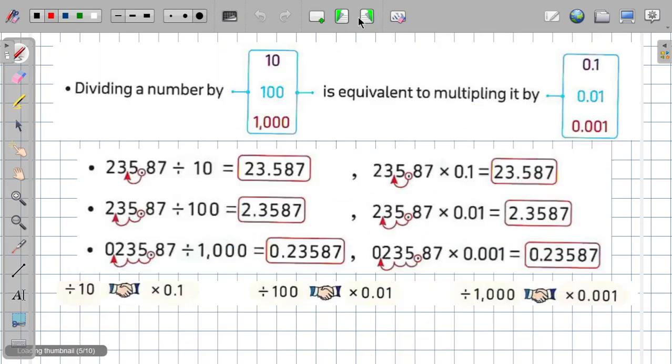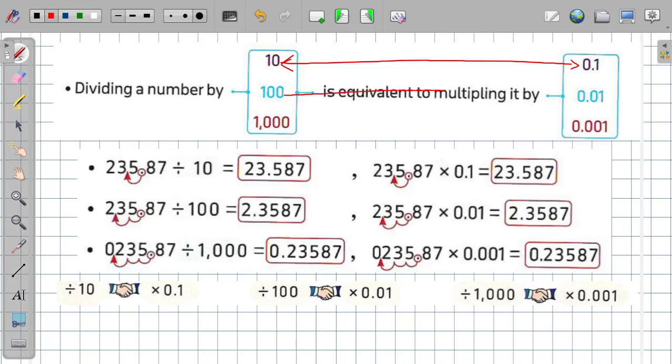Okay, and dividing a number by 10, 100, 1000 is equivalent to multiplying the same number by 1/10, 1/100, 1/1000. So dividing by 10 is equivalent to multiplying by 1/10.